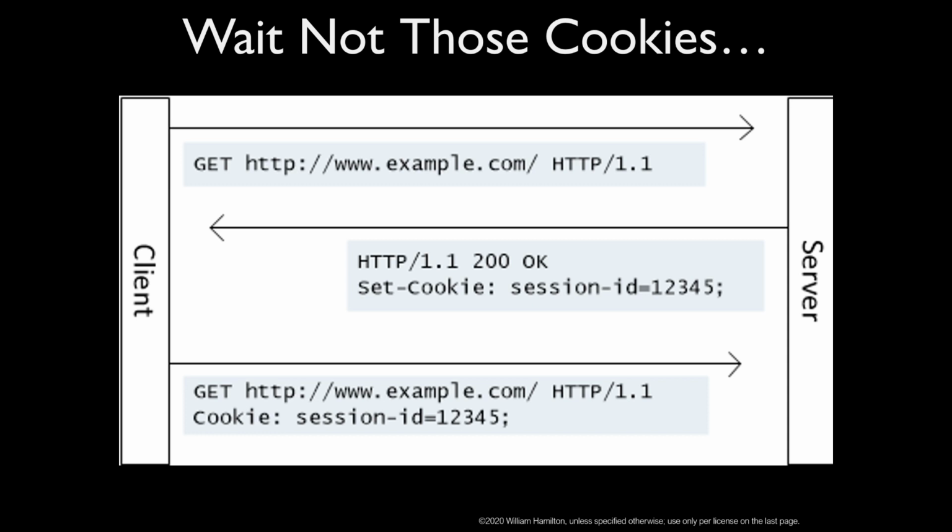So the client is the one that stores the cookie ID. The cookie is just a little piece of data on the client that serves as an identifier. If I don't have one, I just send a clean GET request to the server.